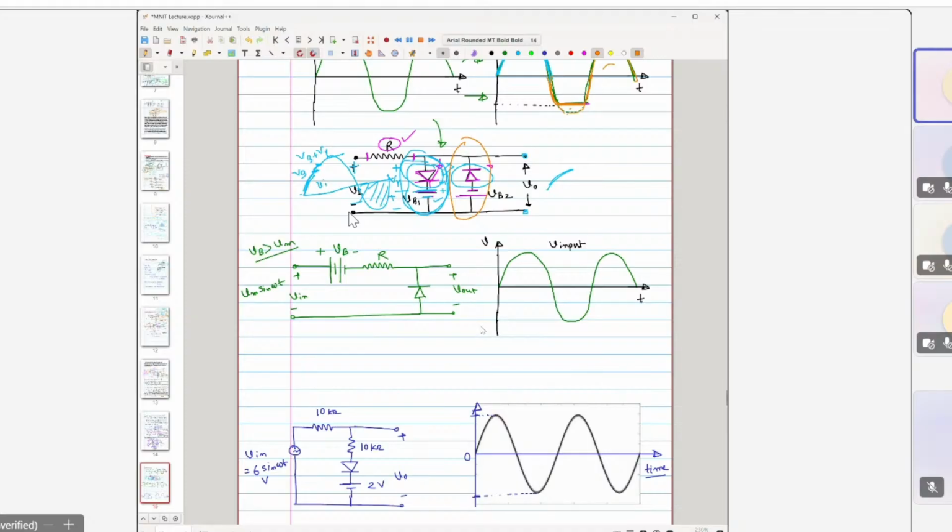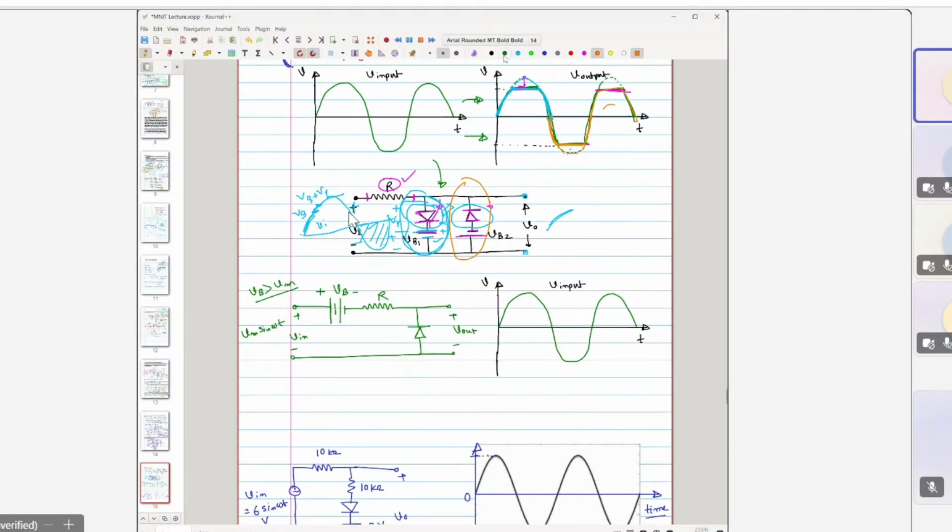Okay, now another interesting circuit is here. Please check this. Here you are providing a sinusoidal signal of Vm sine of omega t, right? Here this is the waveform of the input signal. Okay, so it is this Vm.